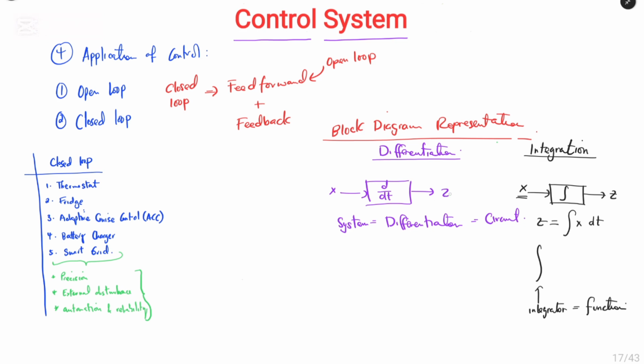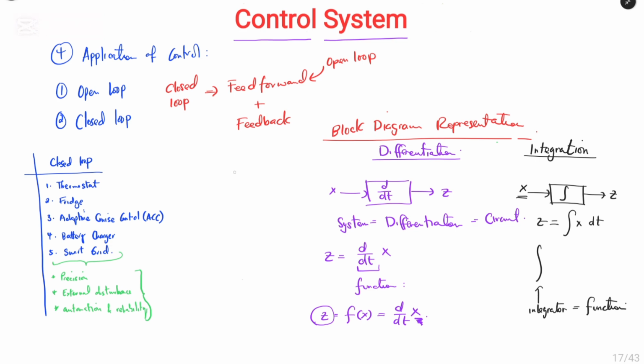Let's say this one is z, since we are dealing with z as the output. We can now say z is equivalent to d on dt of x, and this is our function. If we say the output z equals the function of x, it equals d on dt of x. So we are differentiating the input to produce the output.